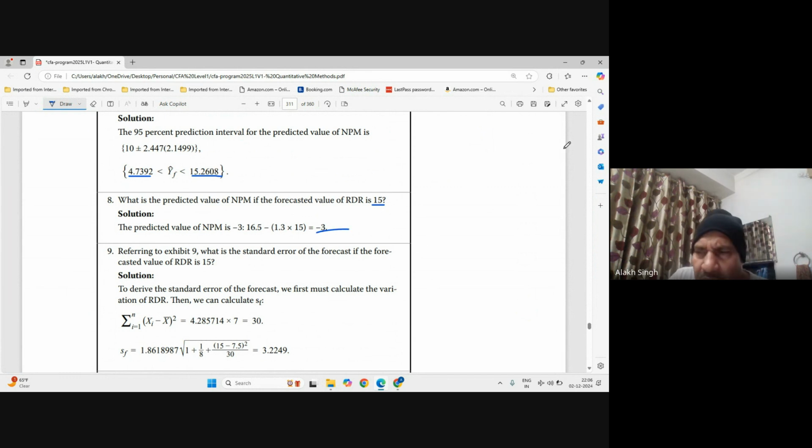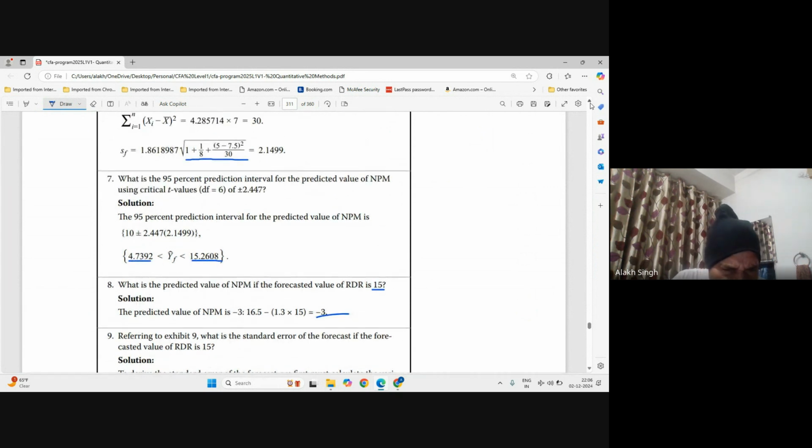Okay, let me see, again a long calculation. Referring to exhibit 9, what is the standard error of the forecast if the forecasted value of RDR is 15? So here we have another Xi. B1 is the same, Xi is 15. So in that case, what will be the forecast?